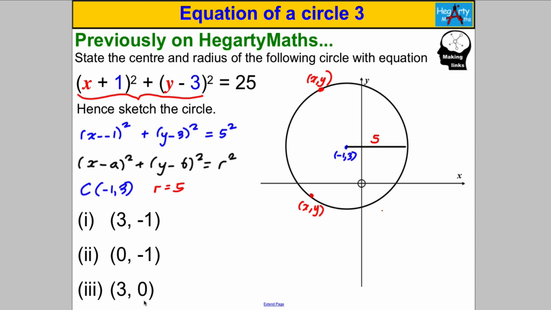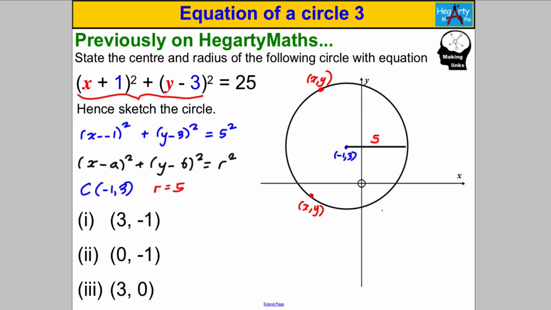If on the other hand you substitute in an x and a y and you get a number smaller than 25, that's telling you the distance from the centre to your coordinate is less than the radius of 5, so it must be inside the circle. So that's the technique we're going to use rather than having to sketch.